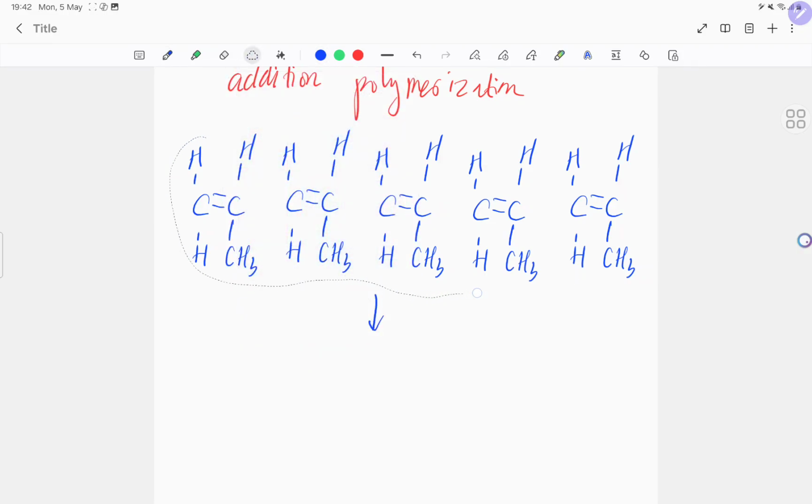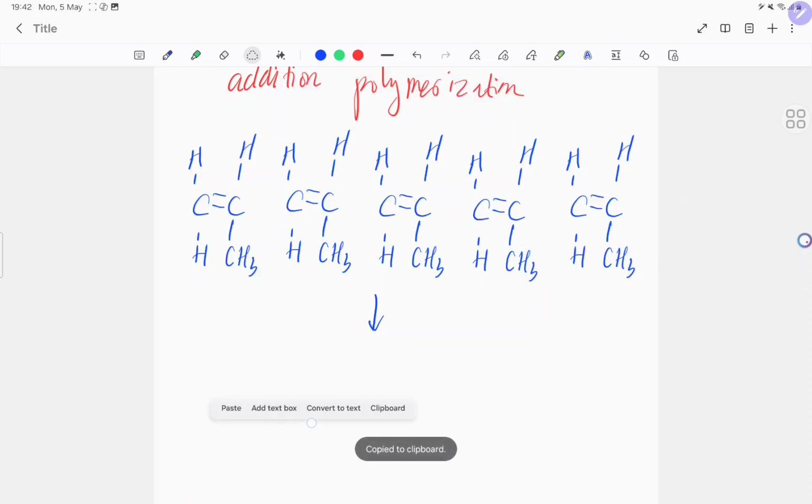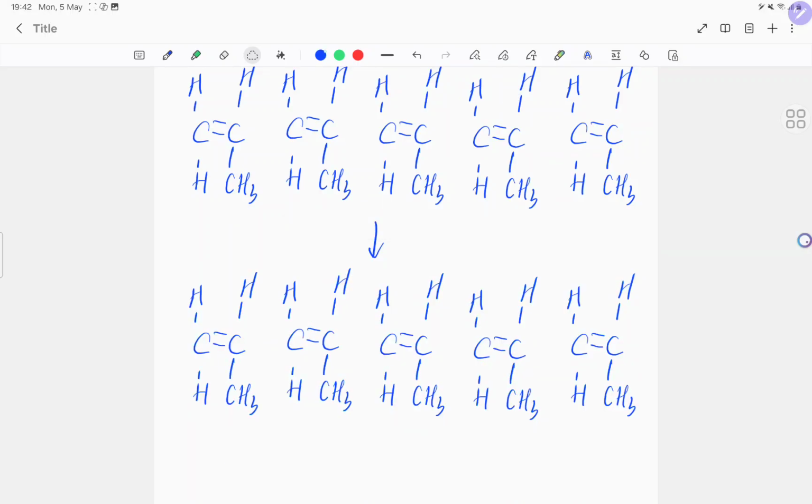So I know they turn into single bonds. Yeah, that's correct. Right here, I'm showing you how they form. So the double bond breaks, and there are 3 bonds for the 2 carbon.